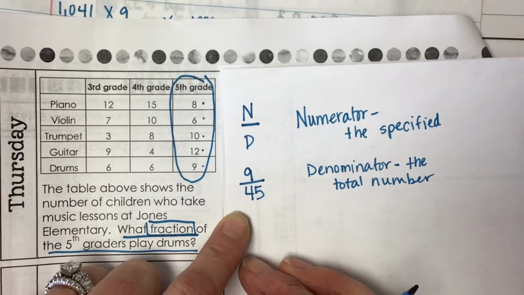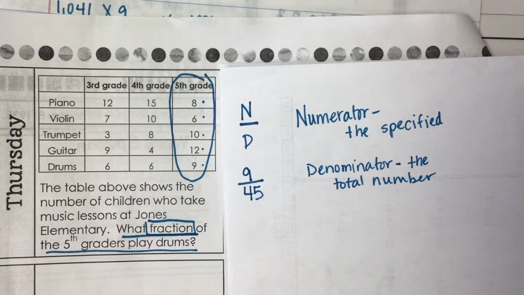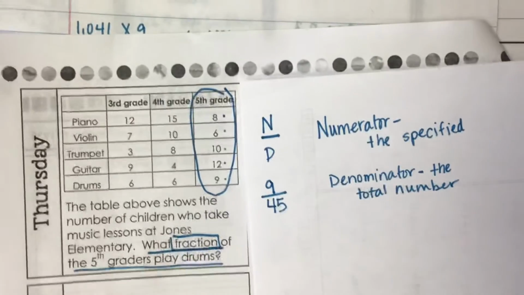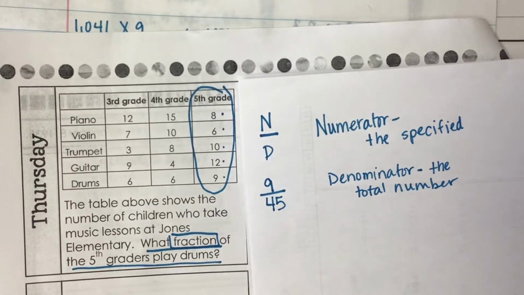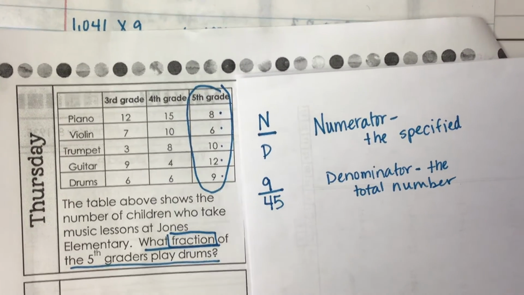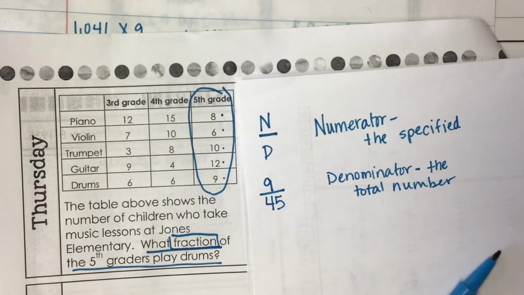So we all know how to find an equivalent fraction, right? Can you do that with me? To find an equivalent fraction, multiply or divide. Have we not done this? Okay, well then I'll do it for you. Pay attention. I think we have. It's just been a while.